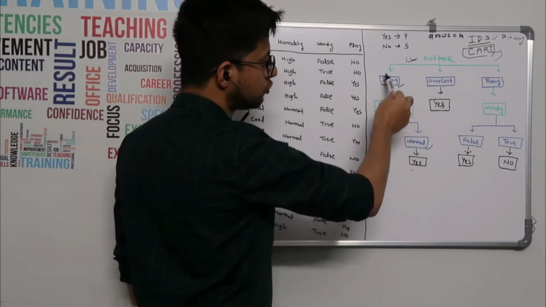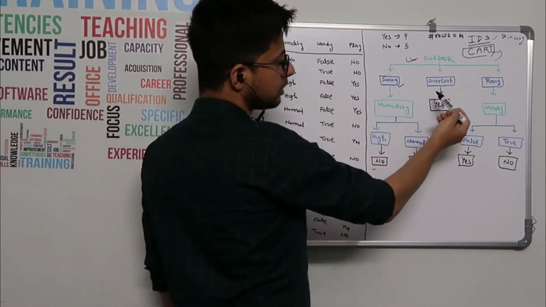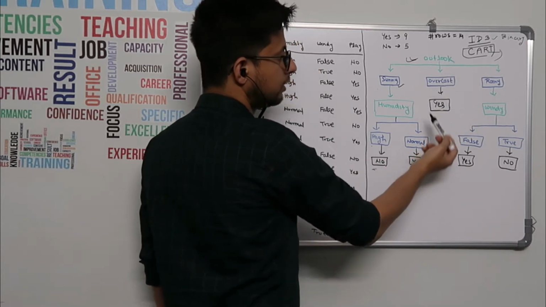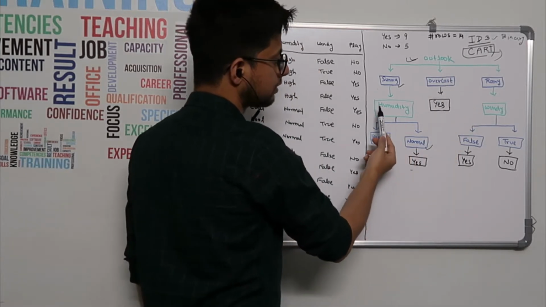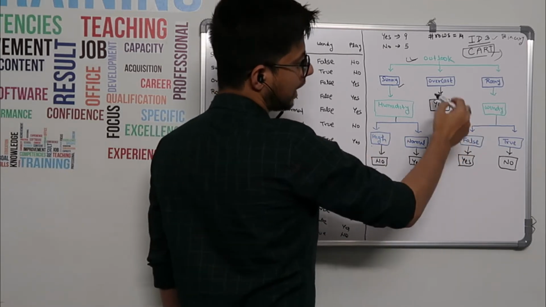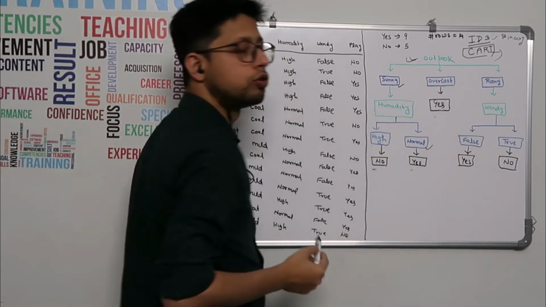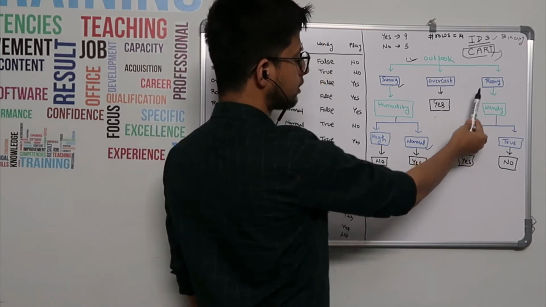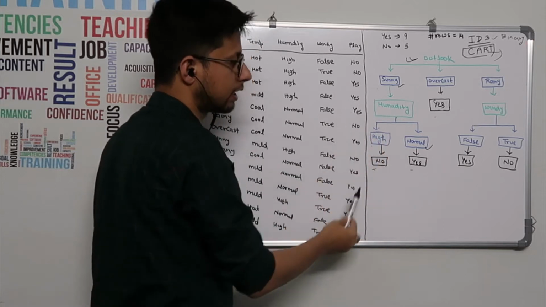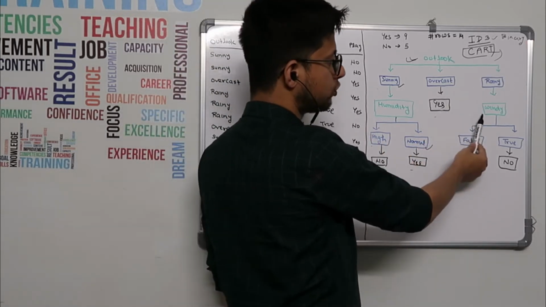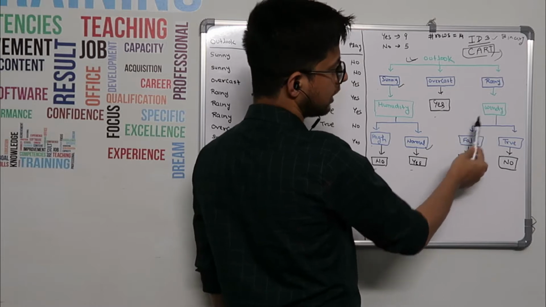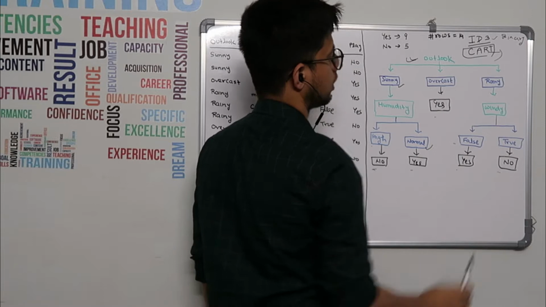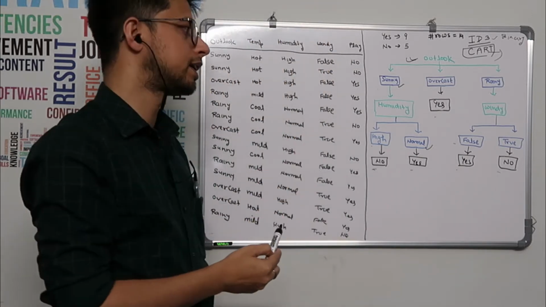If the outlook is overcast, irrespective of the other conditions, humidity and windy, play will happen. If it is rainy, it does not take humidity into account; you just see whether it is windy or not. If windy is false, then play will happen. If windy is true, then play will not happen.